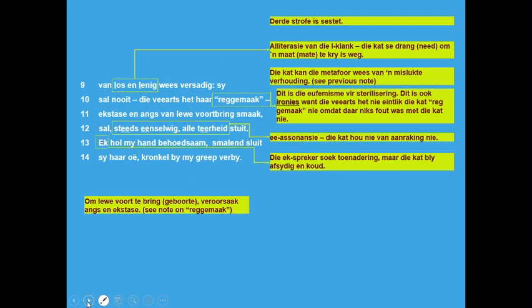Then the word ek, die ek-spreker soek toenadering, maar die kat bly afsydig en koud. So the speaker, the ek-spreker, wants to touch this cat, she wants to cuddle the cat because it's her pet, but the cat doesn't want that. The cat stays away from her. Dan, die kat is altyd dieselfde, die kat kronkel soos 'n slang verby.